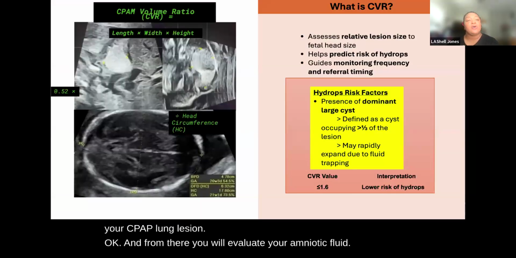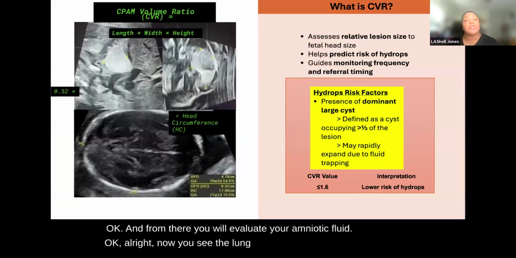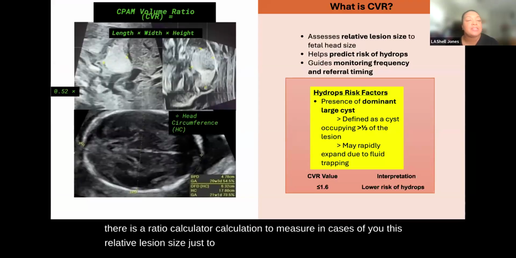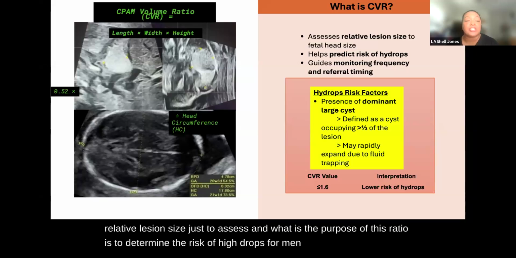All right. Now you see the lung lesion, you want to measure it. And so there is a ratio calculation to measure in cases where you see this, to assess the relative lesion size. The purpose of this ratio is to determine the risk of hydrops forming. So it's very important in your management.